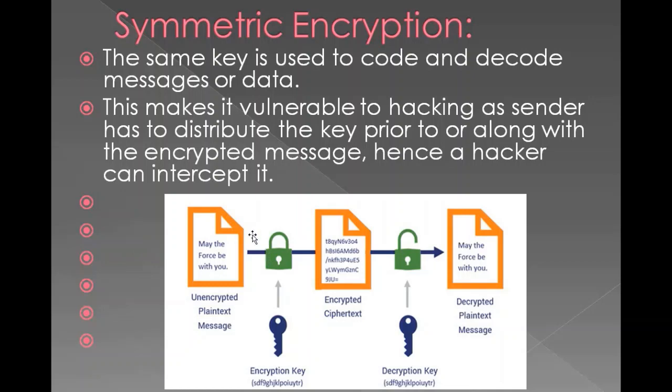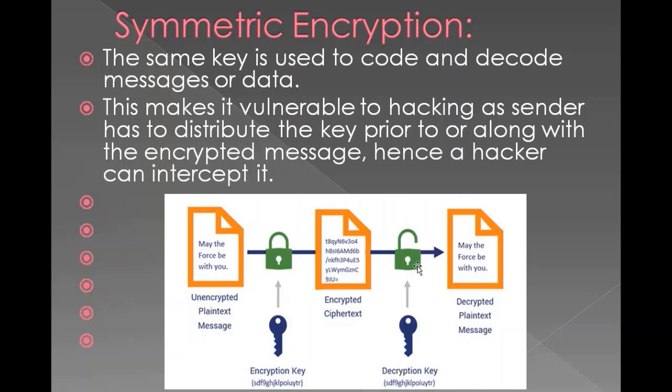Now, what happens in symmetric encryption? The sender, this is the message: may the force be with you. The sender applies an encryption algorithm on this plain text, and it turns into this encrypted ciphertext. Now the sender sends this ciphertext along with the encryption key to the receiver.